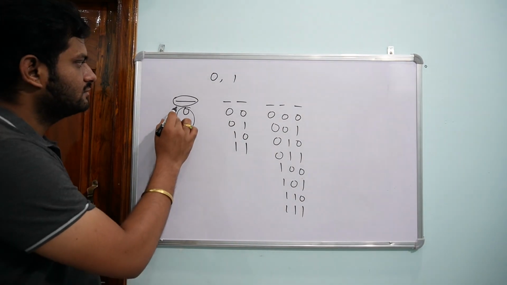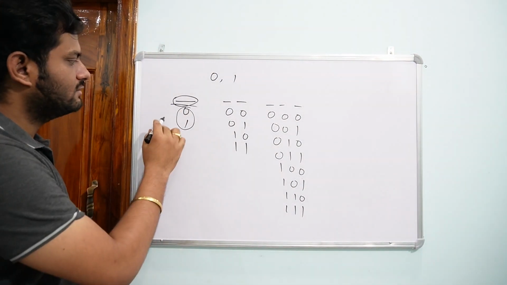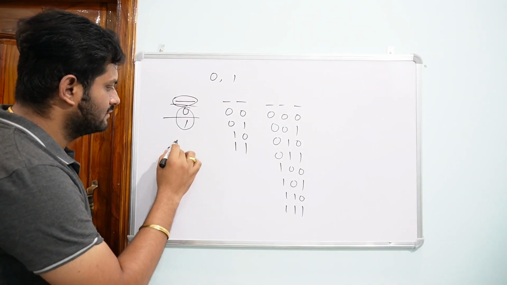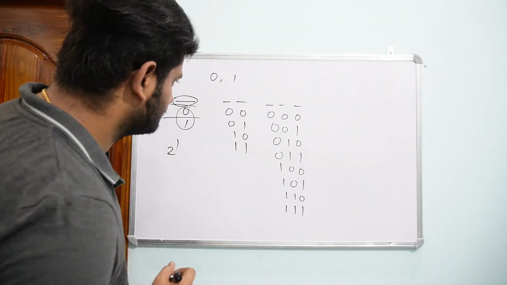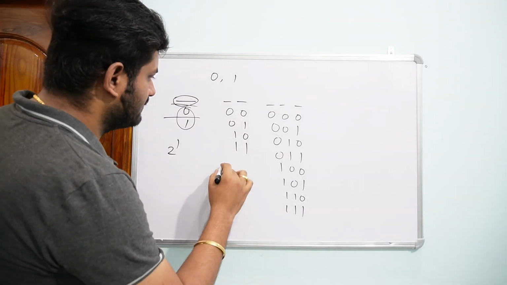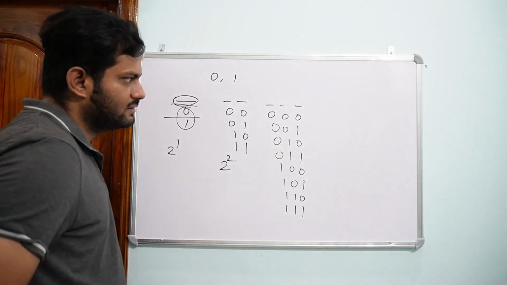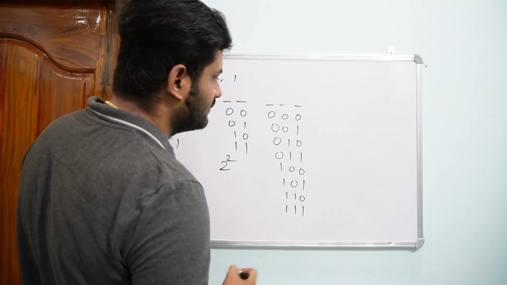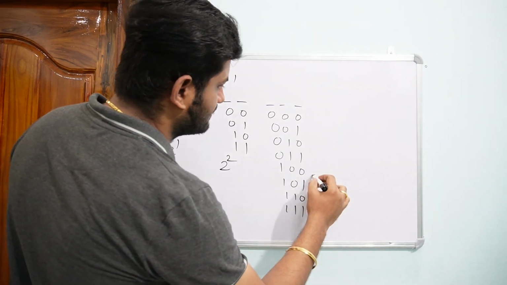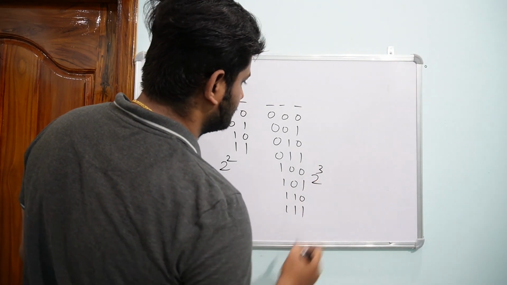If you observe, for 1 bit you have 2 combinations, which is 2 power 1. For 2 bits you have 4 combinations, which is 2 power 2. For 3 bits you have 8 combinations, which is 2 power 3.